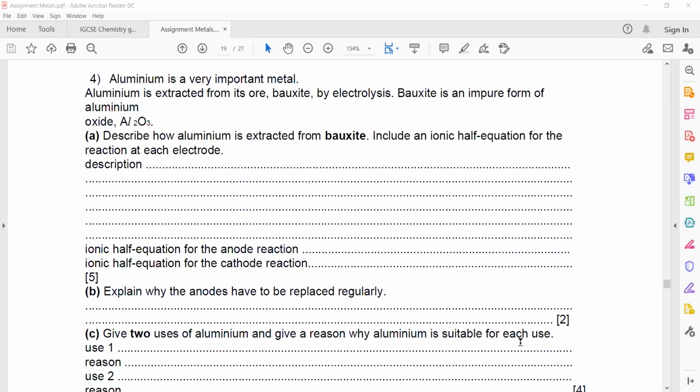So first, we have bauxite. We will add sodium hydroxide, but you can see not too many details are needed. Then filter and heat to obtain aluminium oxide.